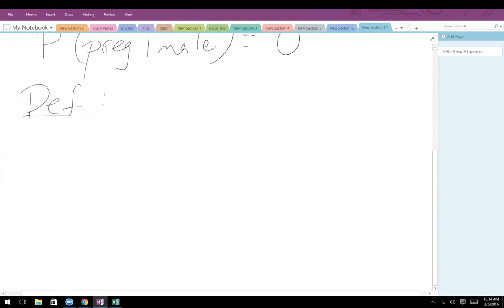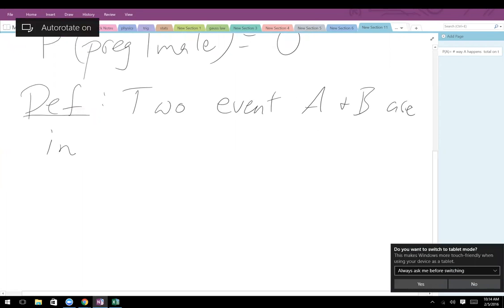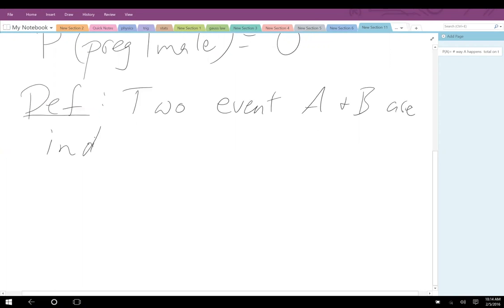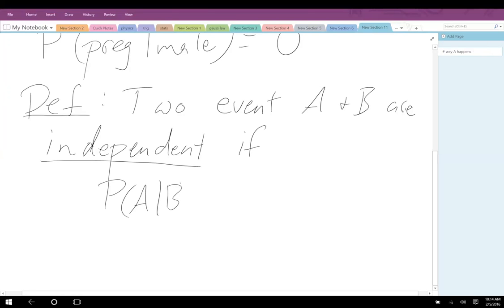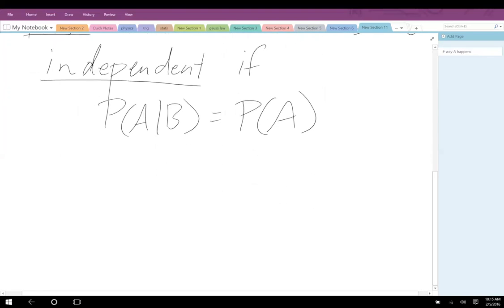So that leads us to the idea of independent and dependent. Two events, A and B, are independent if the probability of A given B is the same as the probability of A. So intuitively, that says if I know B happens, it doesn't change a thing.